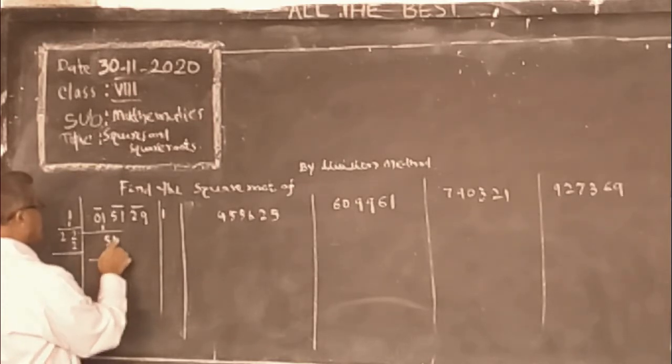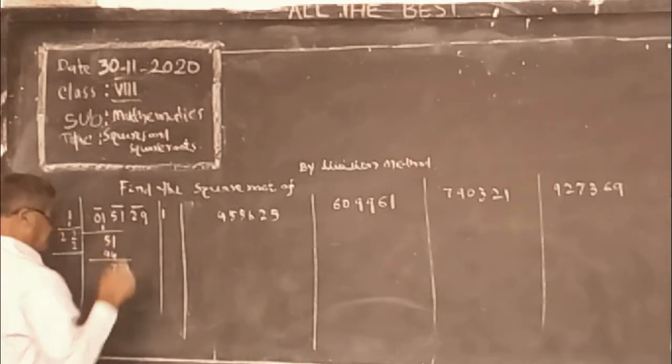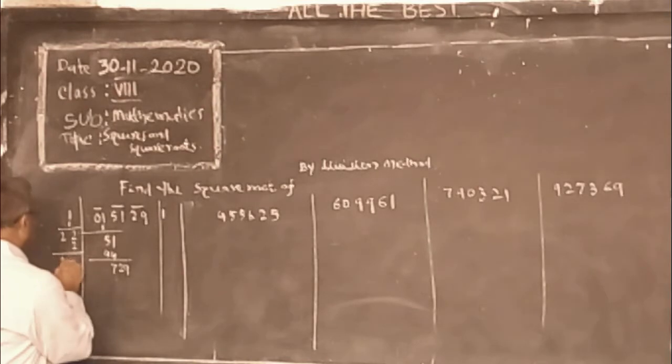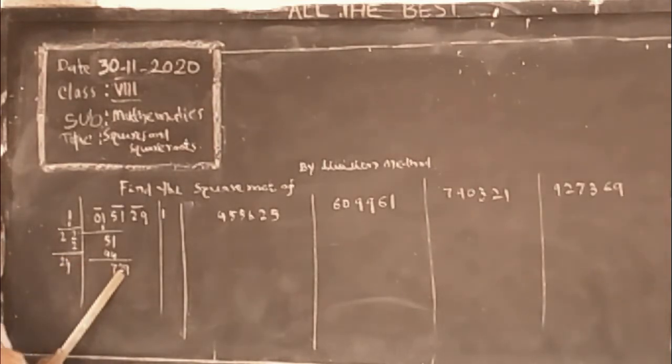Remainder is 0, and take 51 at a time. In our ordinary division, we take only one digit, but in the square root, take a pair. Now this is 2. 2 2s are 4, remainder 11. Take 29 at a time. Now the last digit is 9, so it is possible with 3.